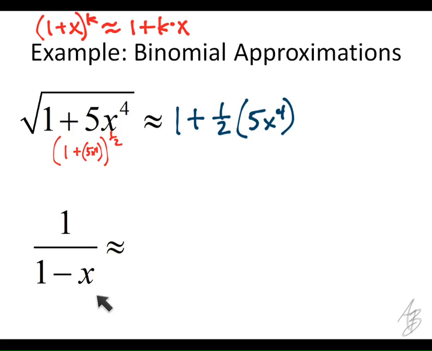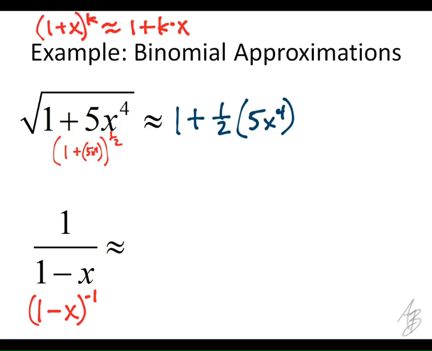Same thing on this one. For values close to 0, when x is close to 0, we want to approximate 1 over 1 minus x. How can I take this and write it in this form? 1 minus x to the negative 1.